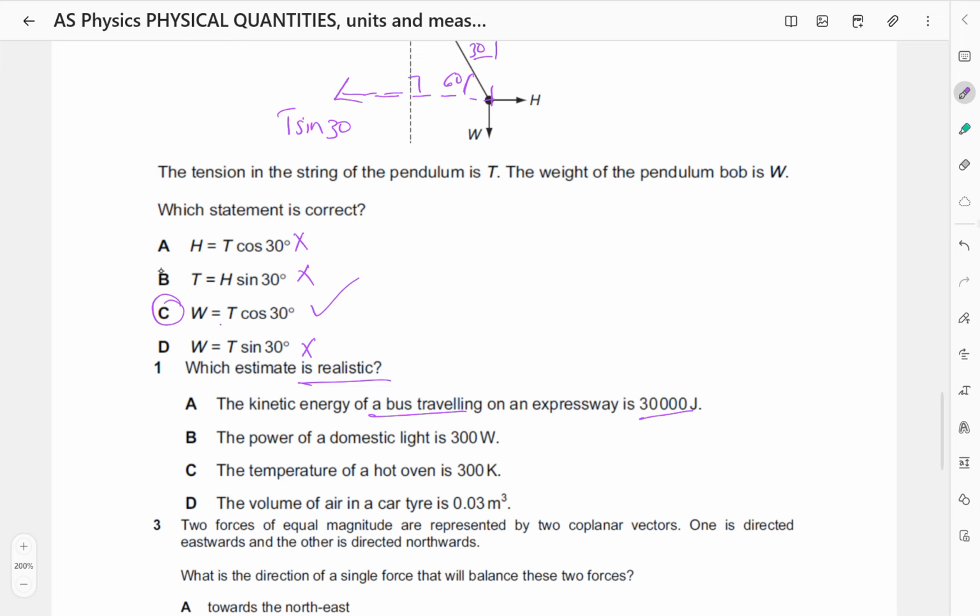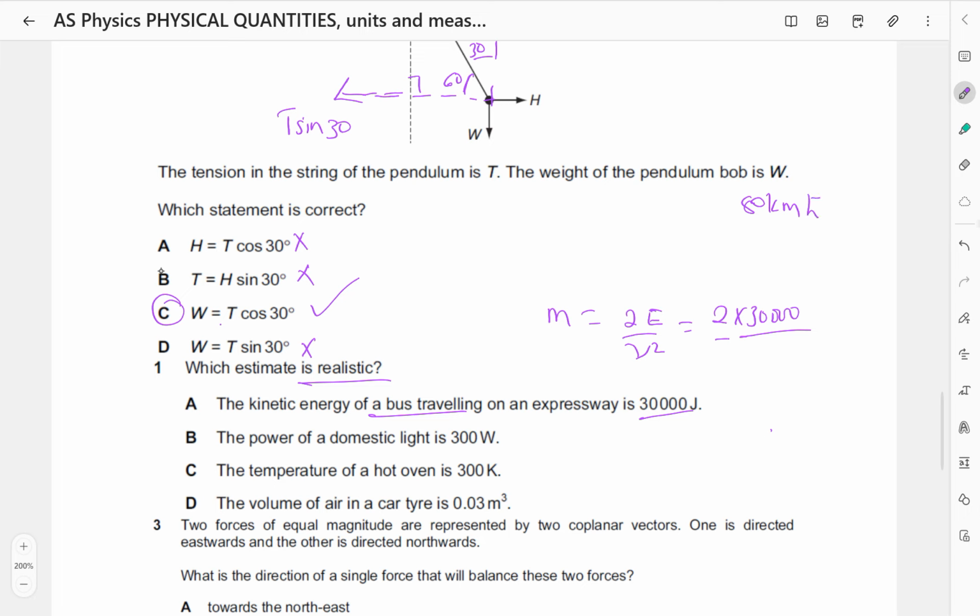Mass is going to be equal to twice the kinetic energy divided by V squared. So this will be 2 times 30,000 divided by V squared. The speed of a bus on a highway is 80 kilometers per hour, let's say, non-express highway.